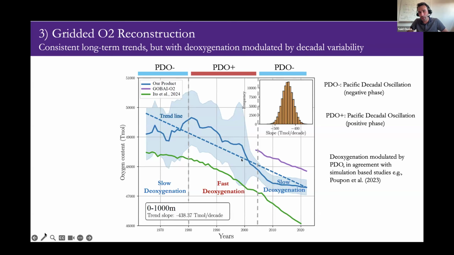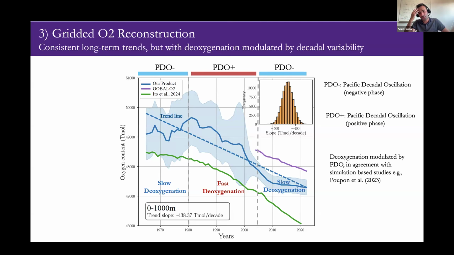Here we are only evaluating the yearly product, so there is a lot of smoothing going on. To interpolate a single pixel, we use all the observations, plus there is a 5-year averaging. But that will not explain the fact that you are seeing a faster deoxygenation toward the end. So maybe it's a method artifact.